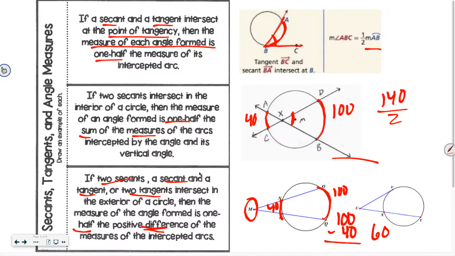So that's 60, and then I cut that in half, which makes this angle out here 30 degrees. And it works the same if it looks more like this. These are secant lines. This is tangent secant lines. This arc and then this arc, so whatever this is minus that one, divided by 2 is going to give me the angle measure.